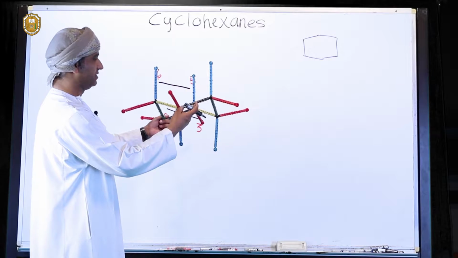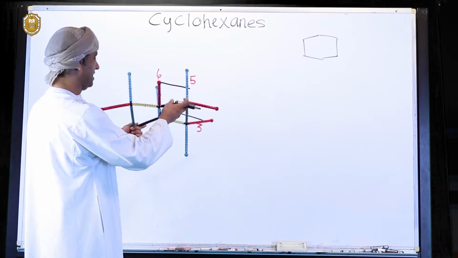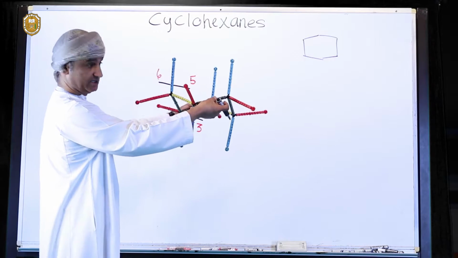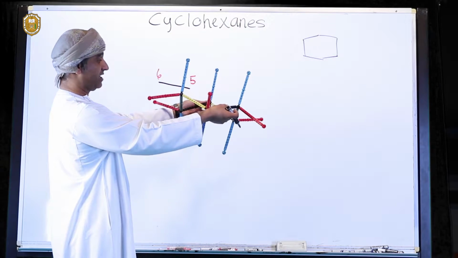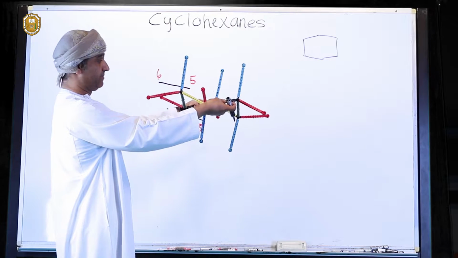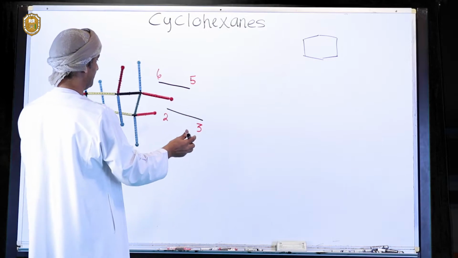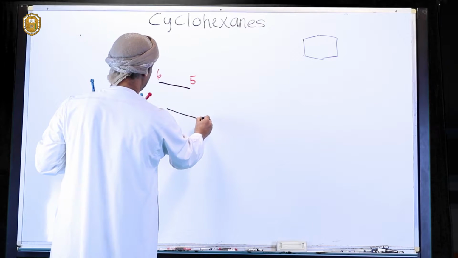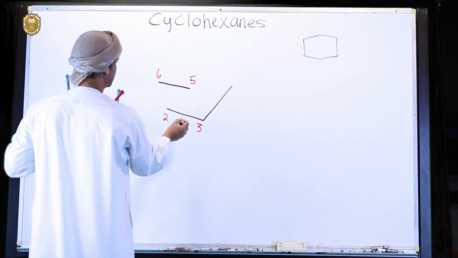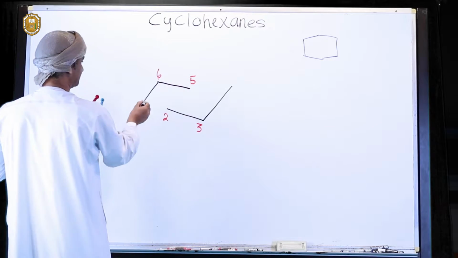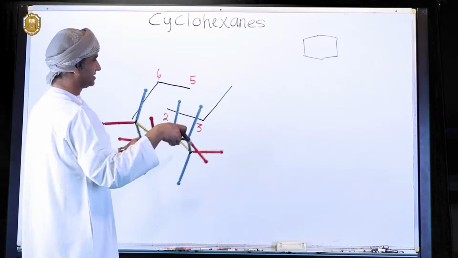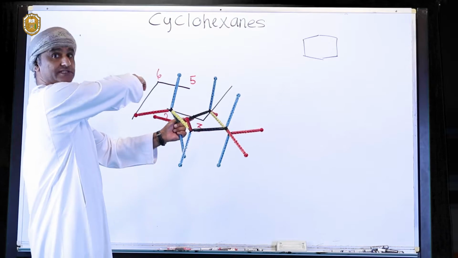Now, if you draw a bond between 3 and 4, which is in black, this should be parallel with this one. So this bond should be parallel with this bond. That's why they are shown in the same color. Something like this is possible. So this bond is that one, and this bond is that one.